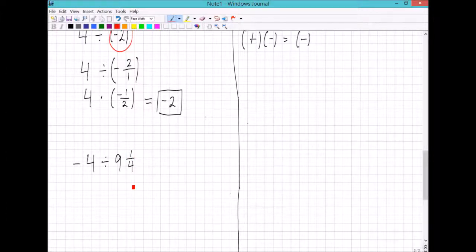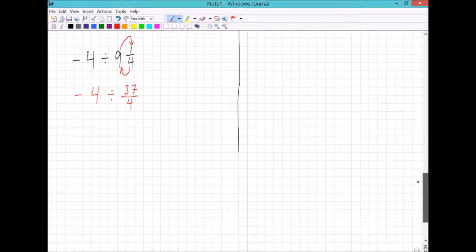To do that, we would just do a really cool trick. We take 9, multiply it by 4, and then add the 1. So 4 times 9 is 36, plus 1 is 37. Now I have negative 4 divided by 37 over 4. Well, I think we remember the trick for this one. You just flip and multiply.